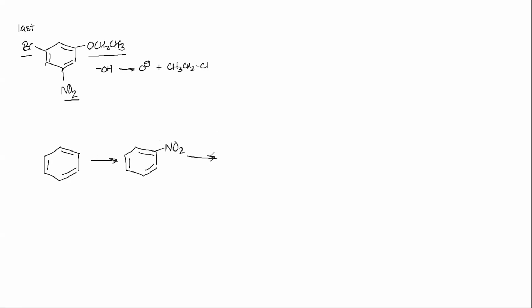Then I want to convert the nitro group to the NH2 group. Notice I'm not adding the second nitro group, because if I added it, I'd have 2 nitro groups, and then I'd make 2 diazonium salts, which is not what I want. So I'm going to convert it to the NH2, and then convert the NH2 into my diazonium.